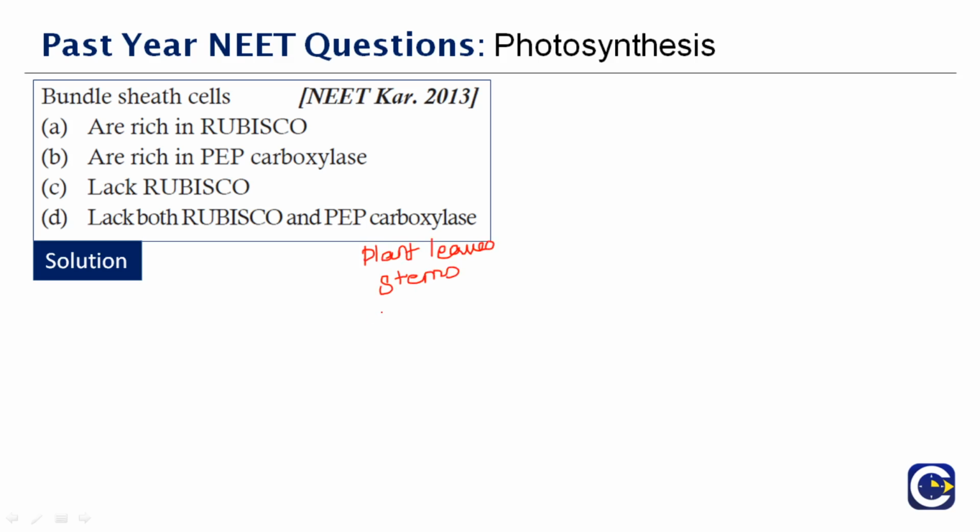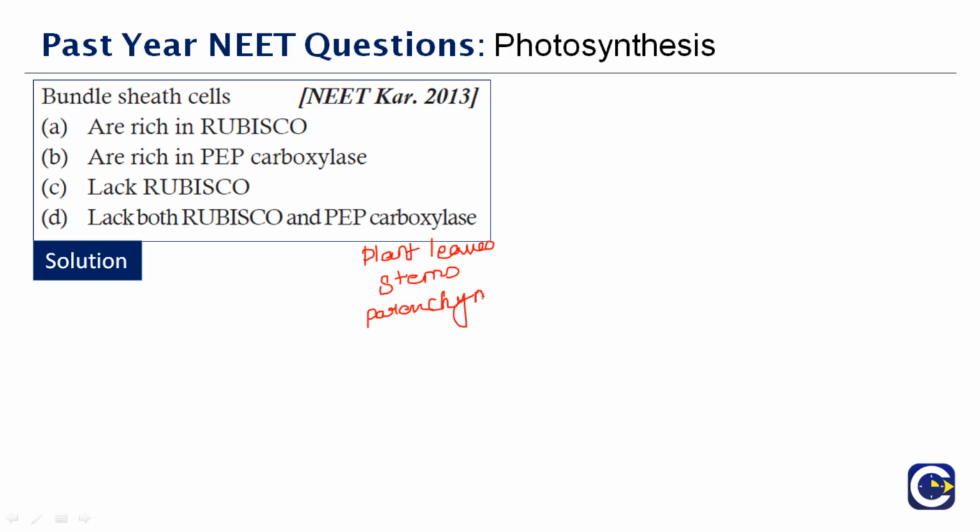That forms a sheath. What do you mean by sheath? Covering, which will surround the vascular bundles. In C4 plants, the bundle sheath cells contain chloroplast and they are the sites of Calvin cycle. The bundle sheath cells are the photosynthetic cells arranged into a tightly packed sheath around the vein of the leaf. It forms a protective covering of the leaf vein and consists of one or more cell layers, usually called parenchyma.